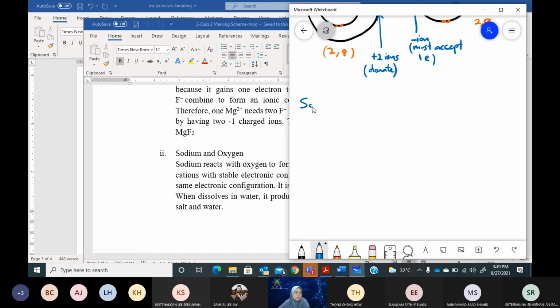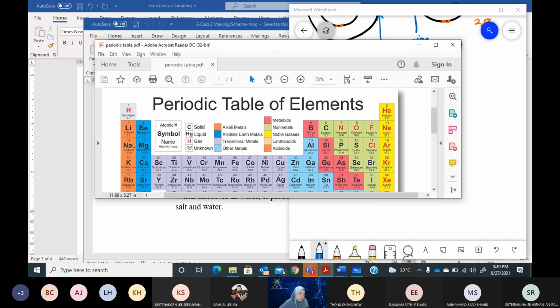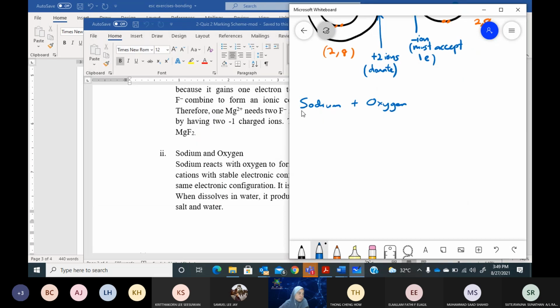Okay, so the second one is sodium plus oxygen. Sodium just now how much? 11, oxygen 8. So 11 becomes 2, 8, 1. Oxygen 8 becomes 2, 6.